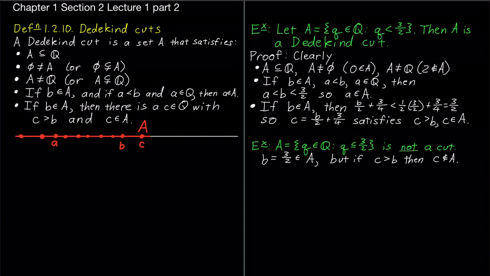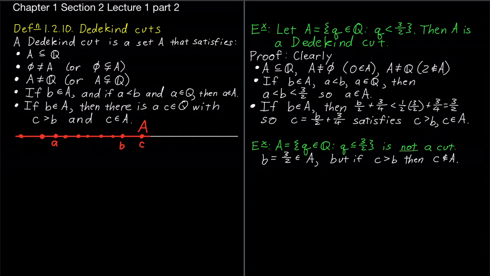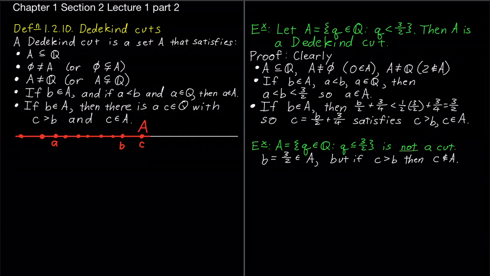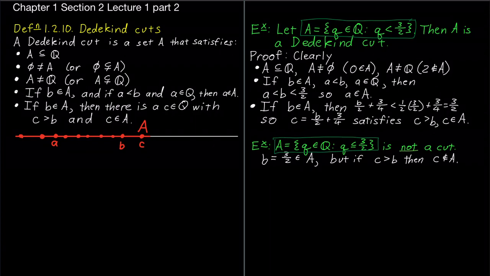So Dedekind cuts look like the first example, rationals less than 3 halves, not like this, rationals less than or equal to 3 halves. And this is really the point of the last axiom, to force us to pick this and not this as the Dedekind cut we want to attach to the number 3 halves.